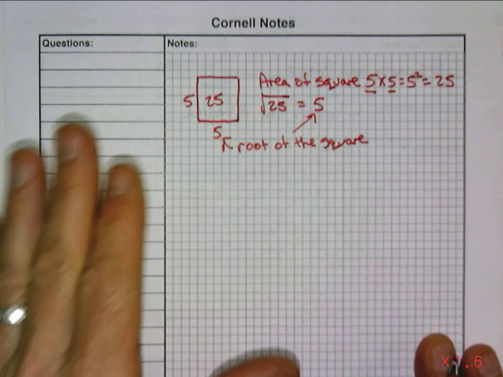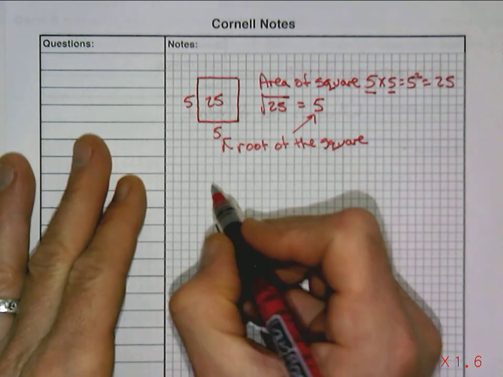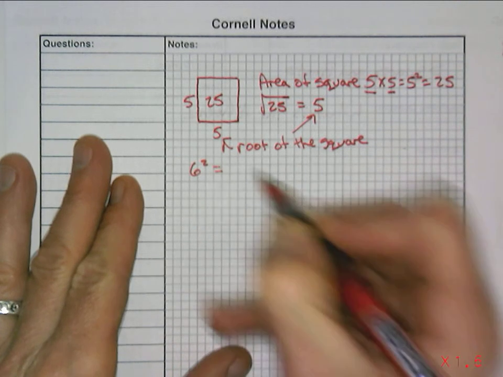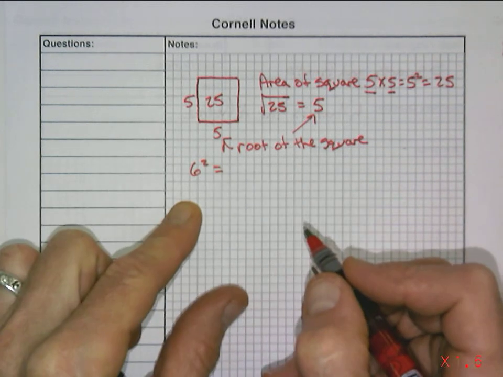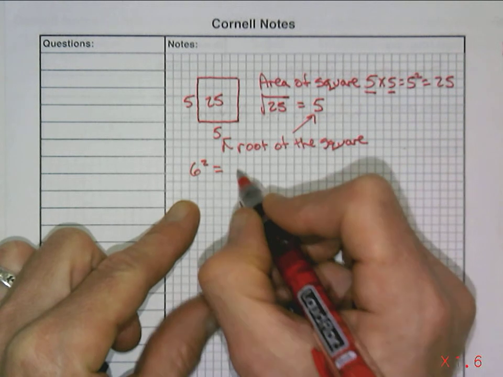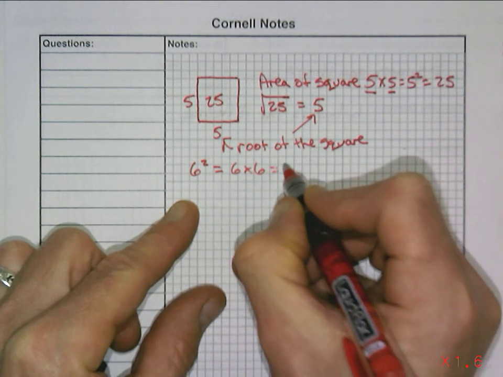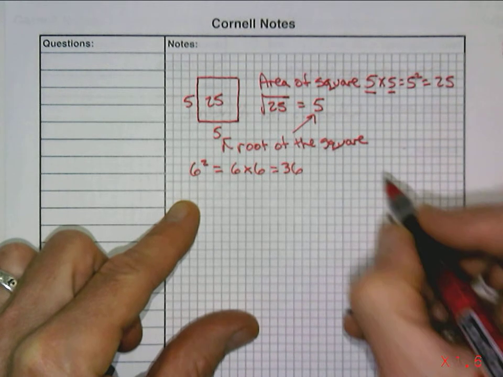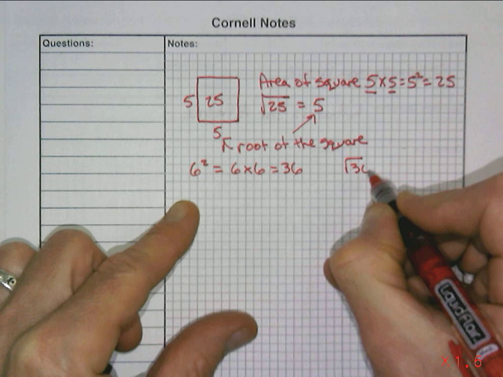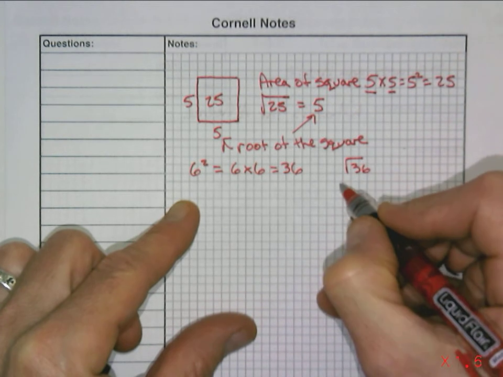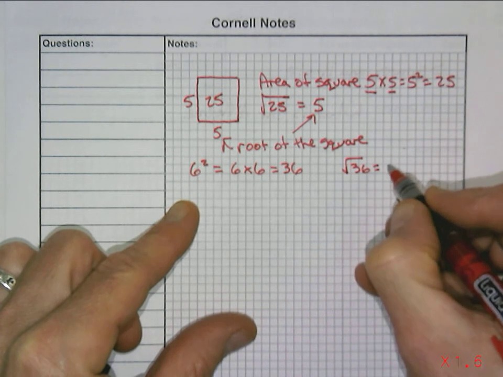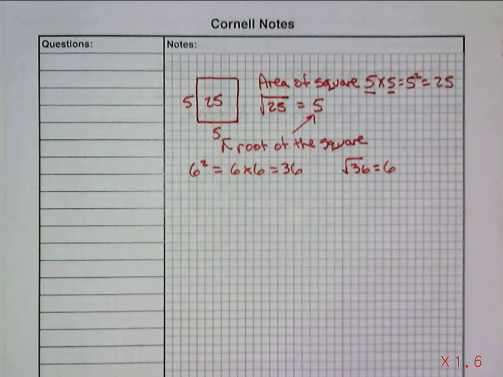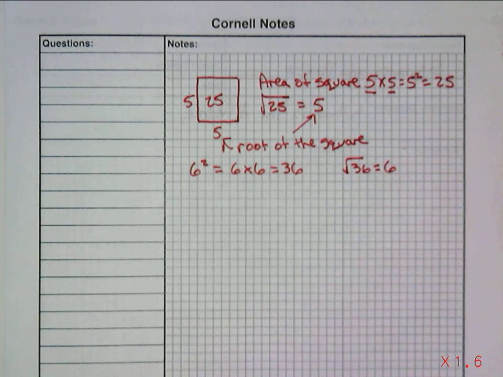So I really could simply just make a list of all the squared numbers. So for instance, 6 squared is just 6 times 6. But we also know that the square root of 36 is 6. So what number squared gave us that?